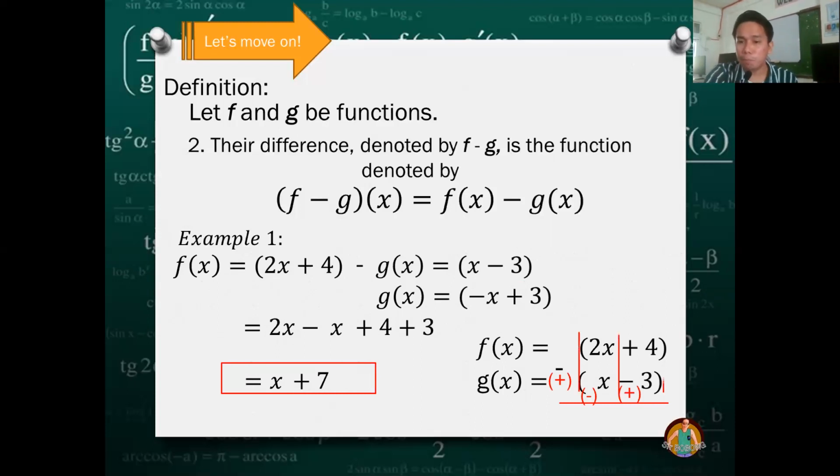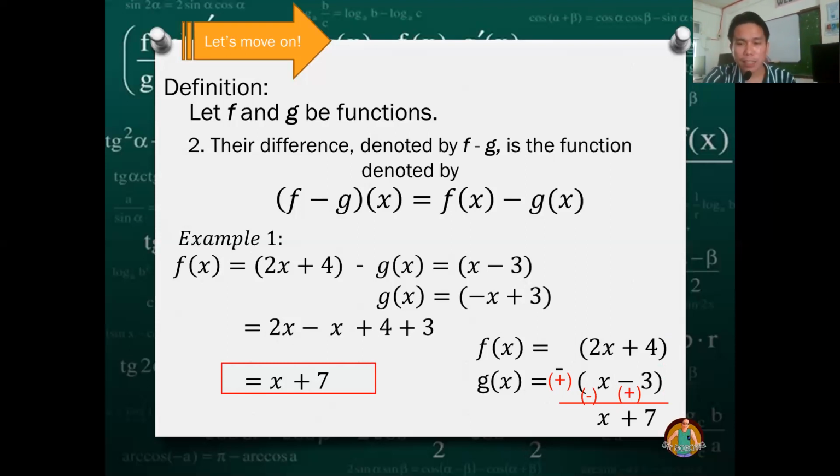So i-align mo pa rin. Again, yung sign ng g of x is bago na at yun yung susundin natin. Okay? So 2x plus negative x will give us x. Kasi unlike sign sila. And then 4 plus 3 will give us 7 and that will be our final answer.